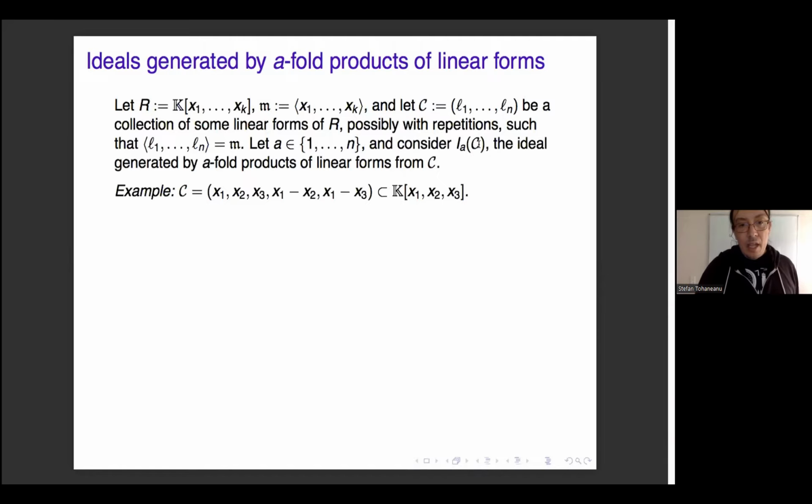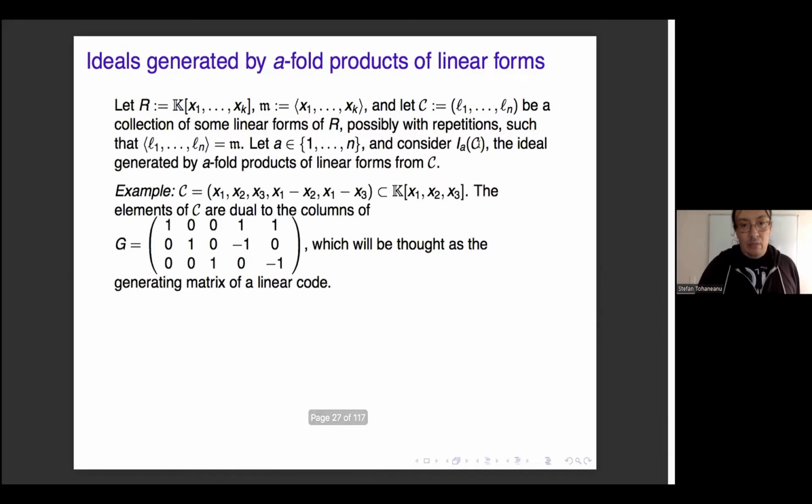So here is an example. The coefficients, you see, I put them also as columns, so we'll make the connection with linear codes.